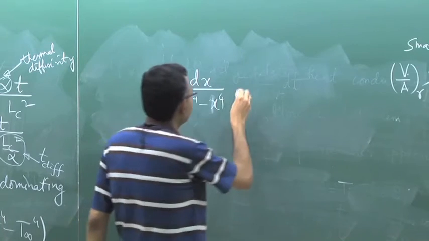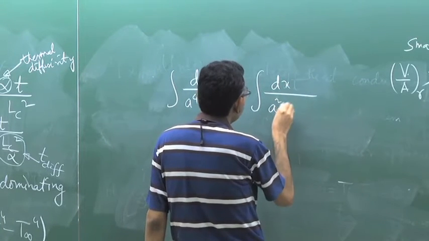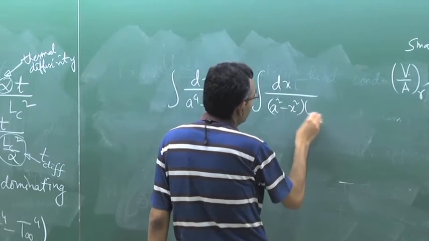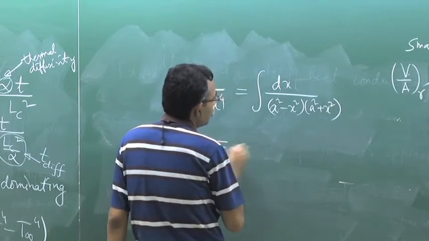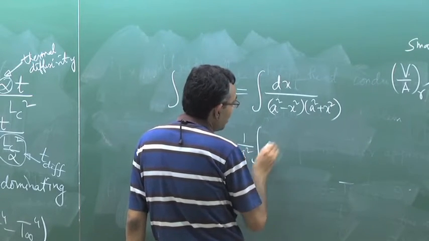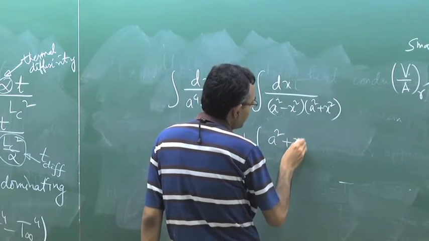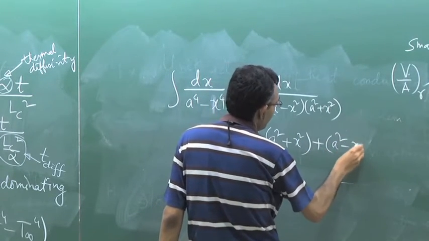So you can write this as integral of dx by a square minus x square into a square plus x square. So you can write integral of 1 by 2 a square, into a square plus x square plus a square minus x square.